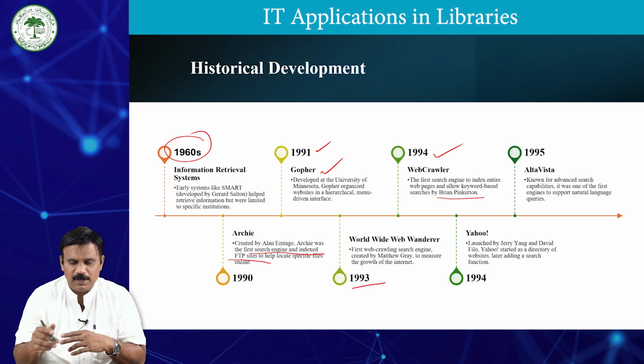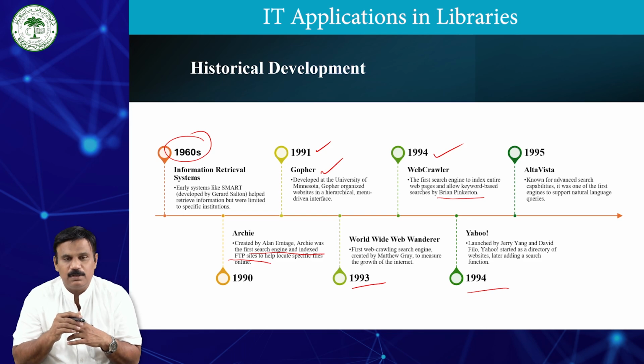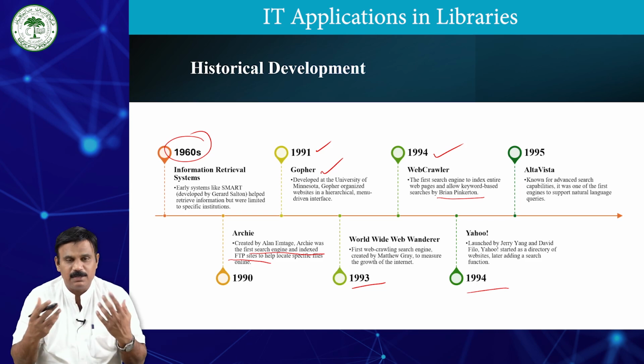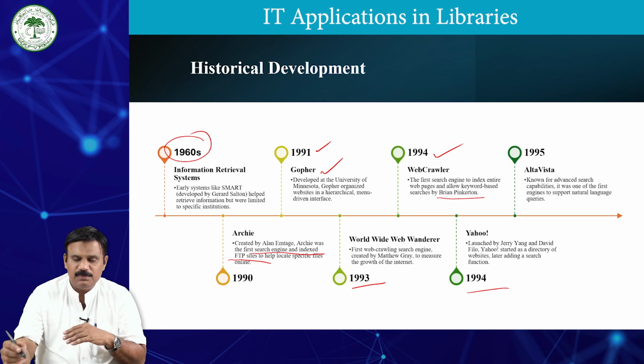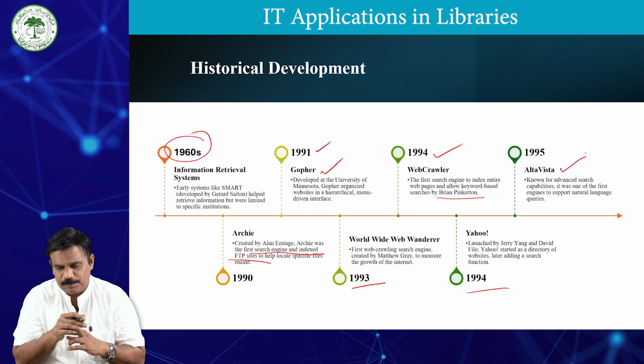In 1994, another development, you'll find the launch of Yahoo by Jerry Yang and David Filo. They started as a directory of websites, later added some search functions. In 1995, another development you will find in the form of AltaVista.